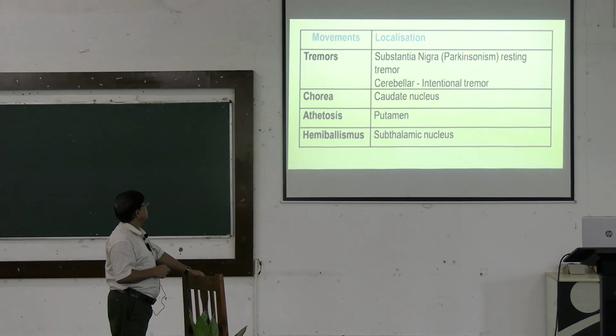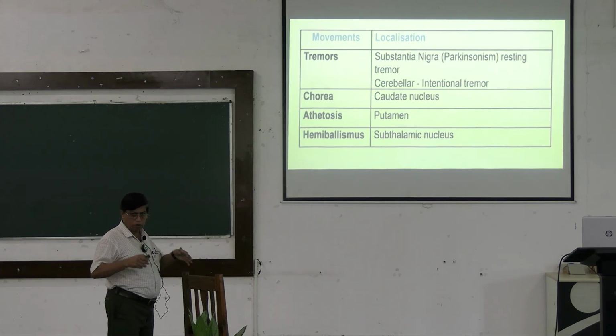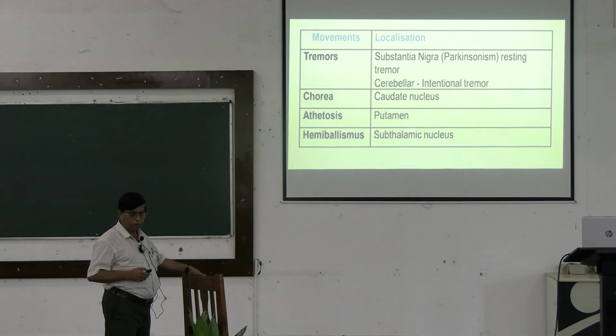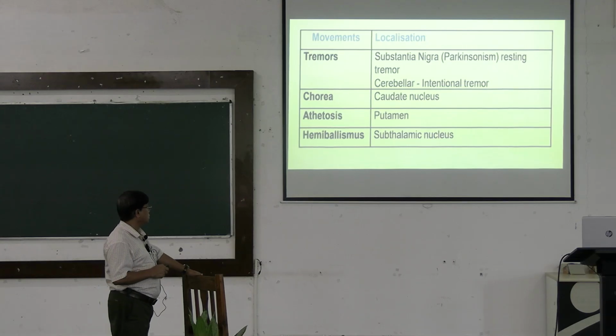Tremors are mainly resting tremor of Parkinsonism. You have seen a patient of Parkinsonism, they have a resting tremor like this. Even if the hand is kept at rest, the patient is not doing anything, the hand is vibrating. This is resting tremor, present at rest. This is the hallmark of Parkinsonism.